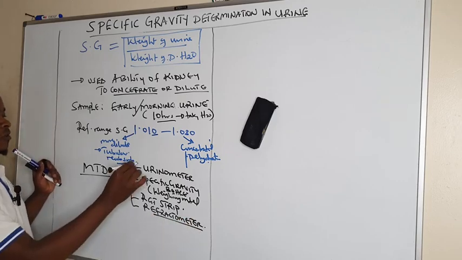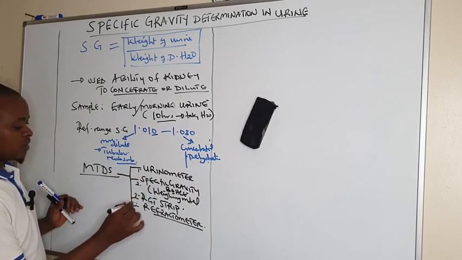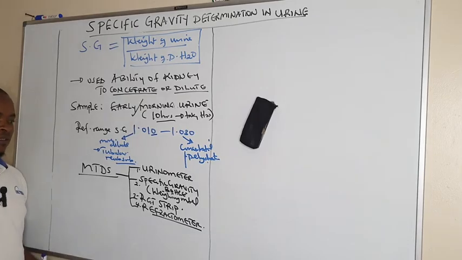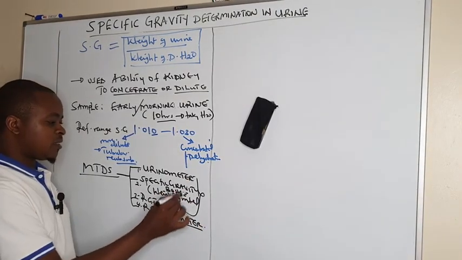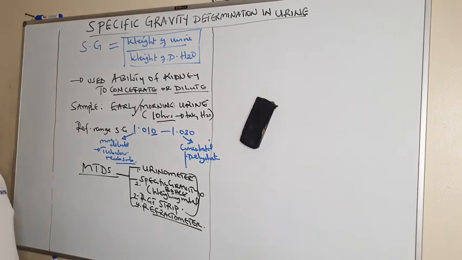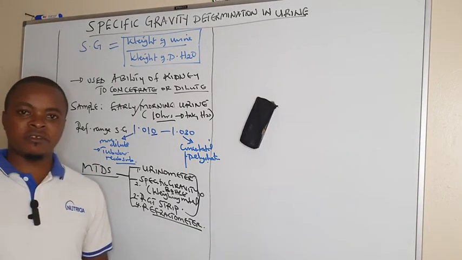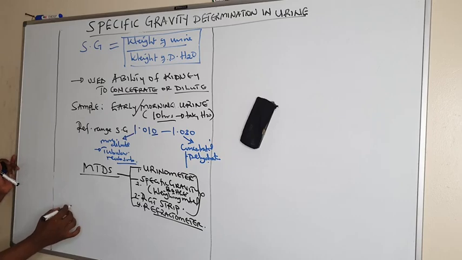So these are the 4 methods that we can use to determine specific gravity. In this session we are going to look at the first 3 to see how they are used. And the first one we are going to begin with is the urinometer.